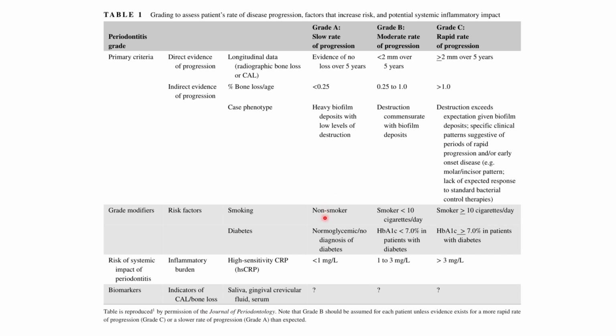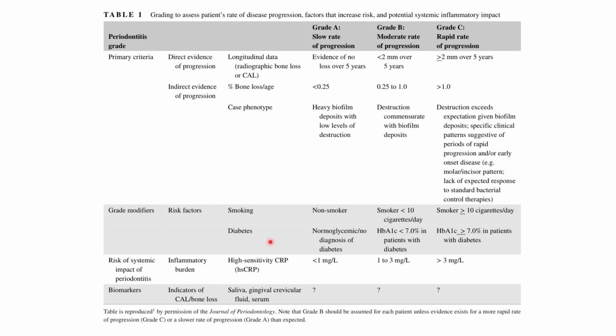So, as we can see, if the patient smokes less than 10 cigarettes per day or has diabetes but it's well controlled, meaning his glycated hemoglobin A1c test is less than 7, then the patient again falls into grade B. However, if the patient smokes 10 cigarettes or more, or he's uncontrolled, so his glycated hemoglobin test is 7 or more, then he falls into grade C, meaning I can see a patient with percentage of bone loss per age that lies between 0.25 to 1, but because he is smoking 10 cigarettes or more per day, I will upgrade him or shift it to grade C. Or if the patient is diabetic and he's not controlled, then we'll shift him to grade C.